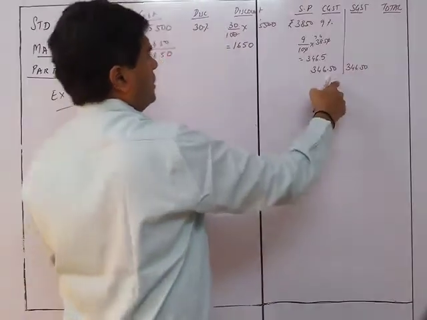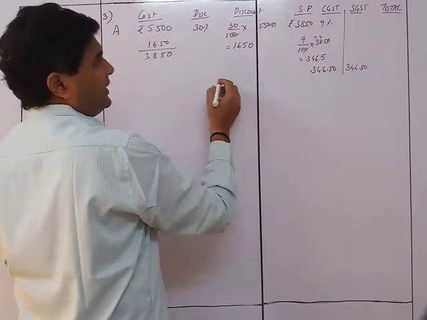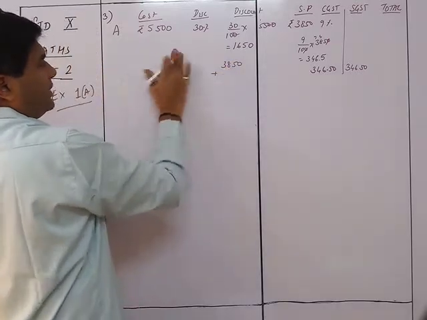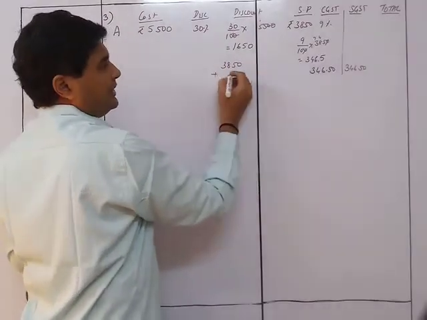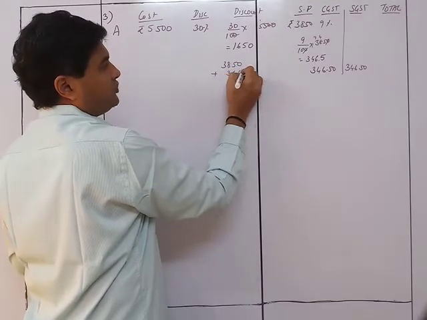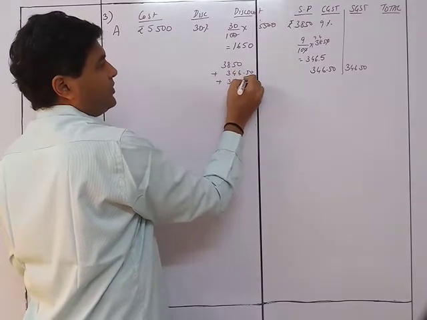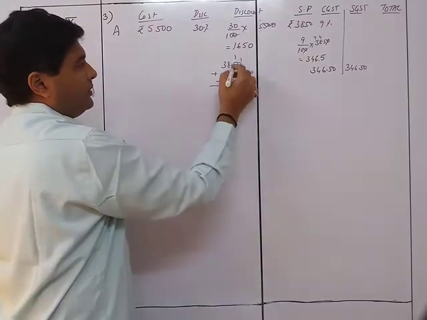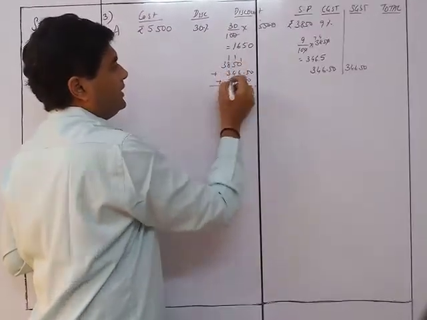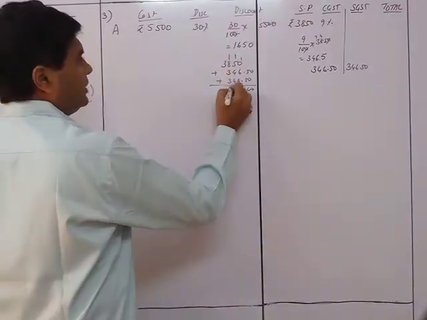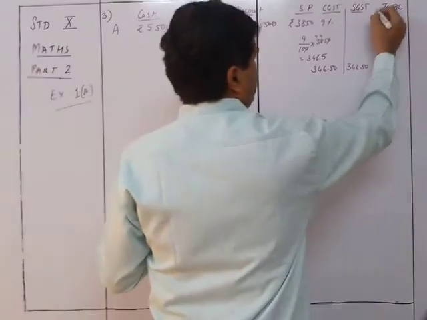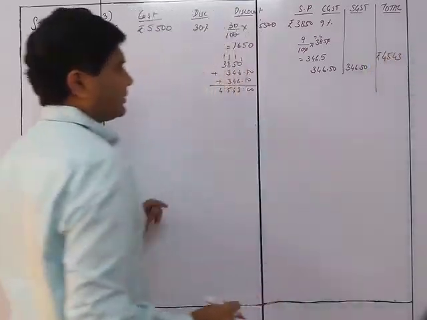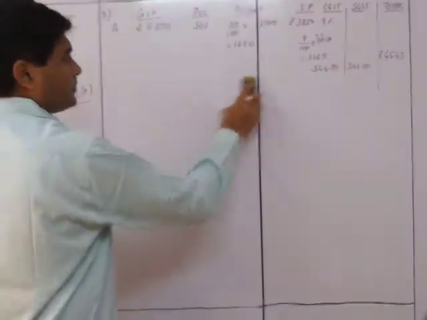So the total of all this will be 3850 plus 346.50 plus 346.50. That gives the total as 4543 rupees. Okay, that is the first part, A.